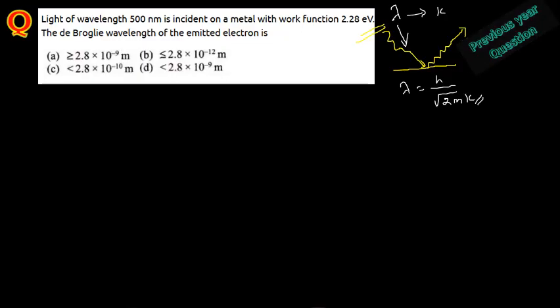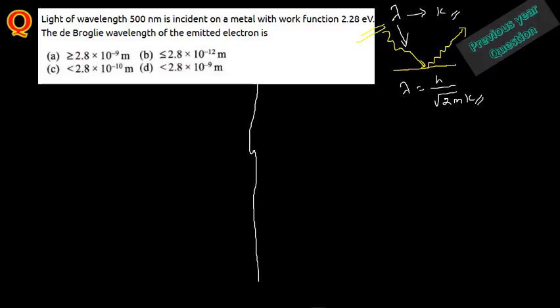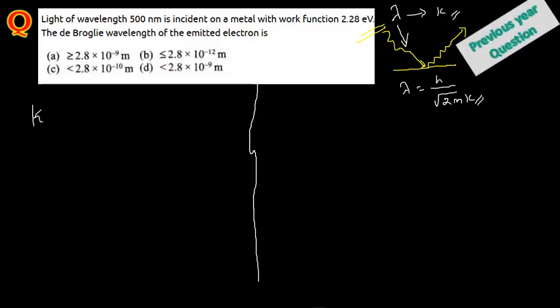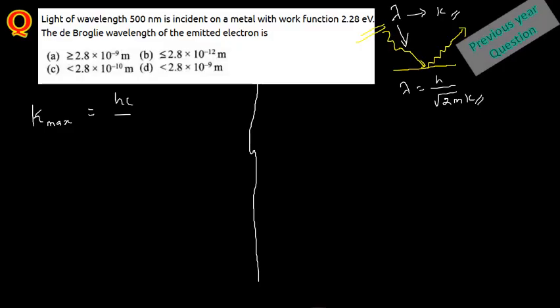From this, with the help of the work function, you are going to find out the kinetic energy. Now you substitute the kinetic energy into the formula over here, so that you can easily find the de Broglie wavelength of the emitted electron. See, the emitted electron has a maximum kinetic energy equal to hc divided by lambda minus the work function.